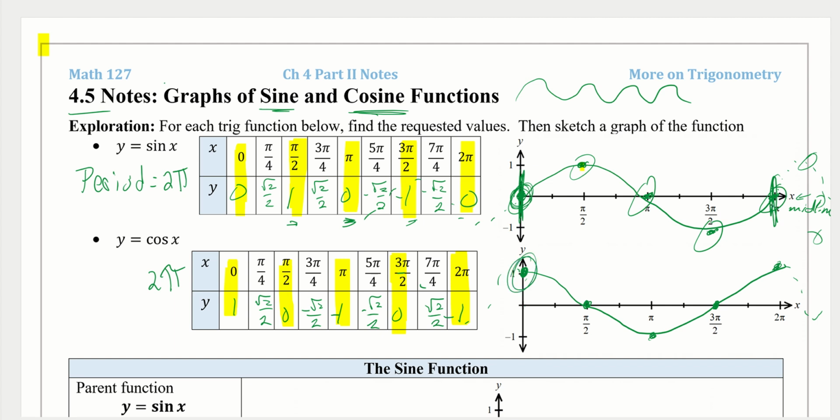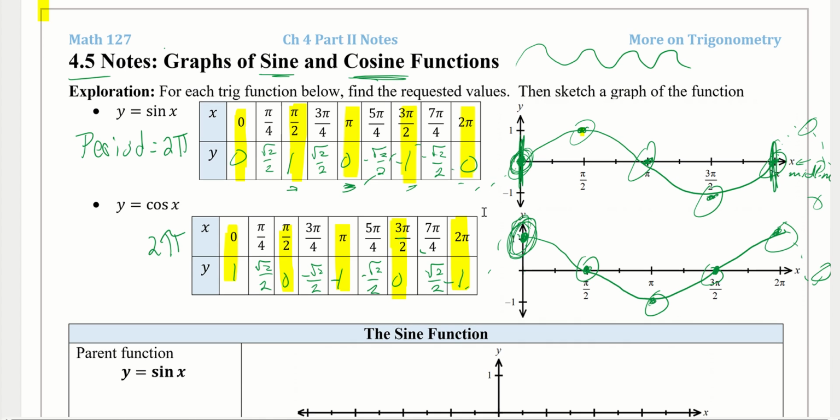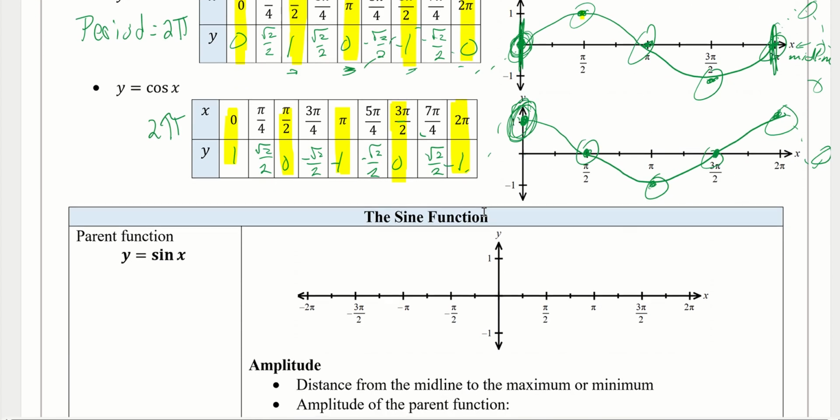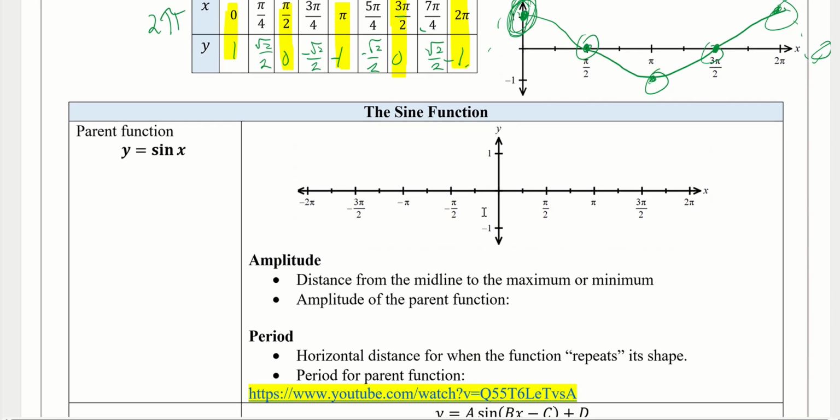It has the same pattern, but it just starts at a different spot. So this one has up, midline, down, midline, up, midline, down, midline, and it keeps going. As long as you can remember that pattern, sine and cosine are not too crazy, and therefore we'll see later on secant and cosecant are not too crazy to graph. Sine starts at 0, cosine starts at 1, and they trade off there.